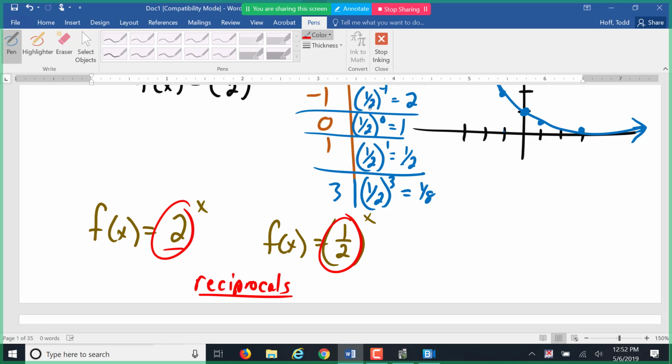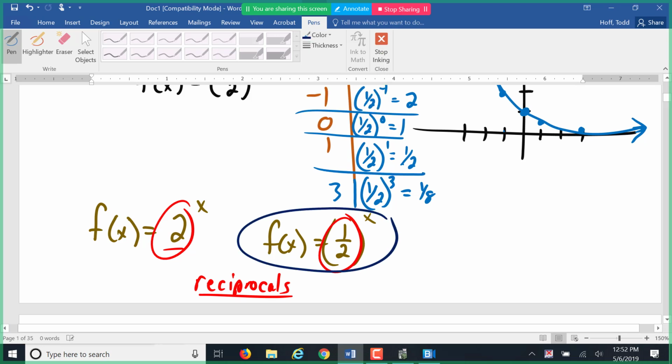Now another way we could have written this function, instead of saying f of x equals 1/2 to the power of x, we could have done this. F of x equals 2 to the power of negative x.